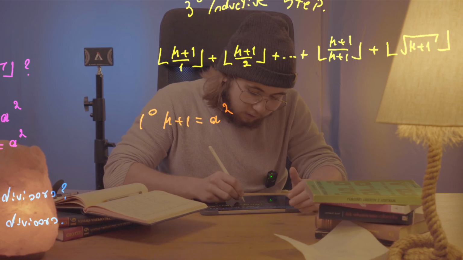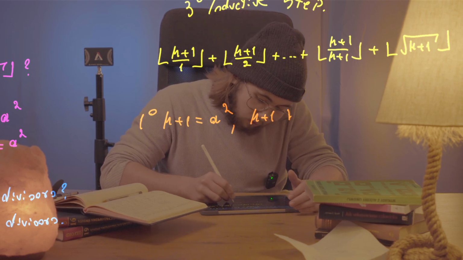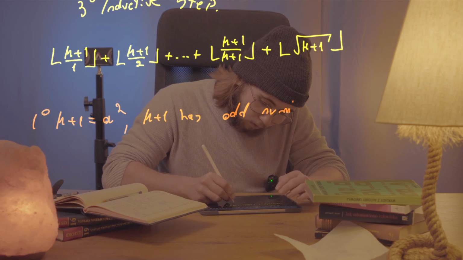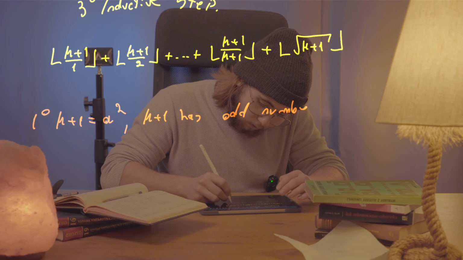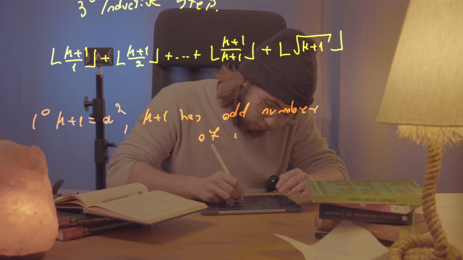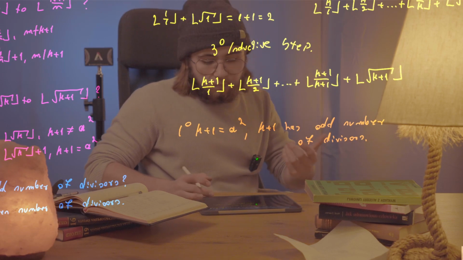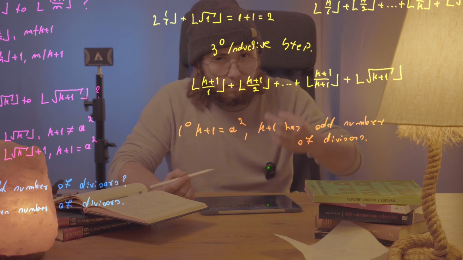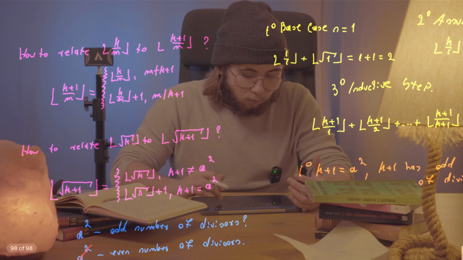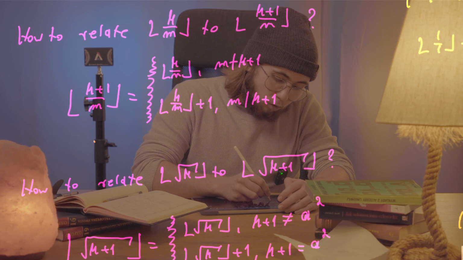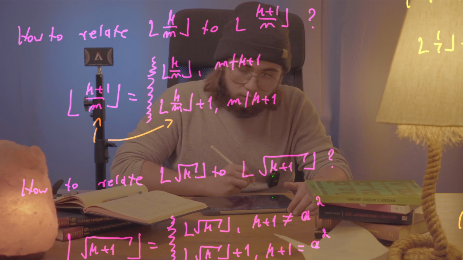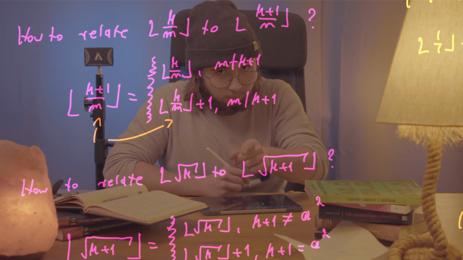It means that k plus 1 has an odd number of divisors. What does that mean? It means that there will be an odd number of instances where the floor of k plus 1 over m will be equal to the floor of k over m plus 1. You see what I'm getting at?